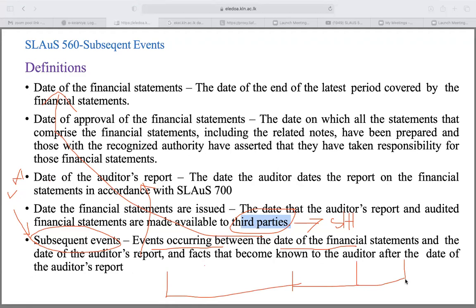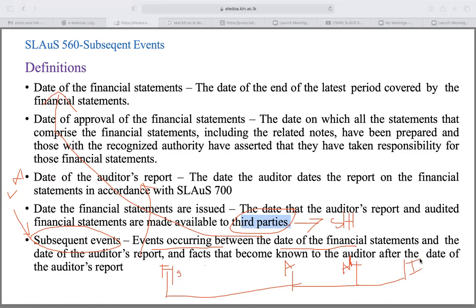Again, I will draw the timeline. Let's say the financial statement date is this, the authorization date is this, the auditor's report date is this, and the issuing date is this, right?